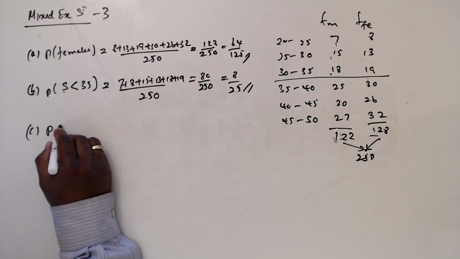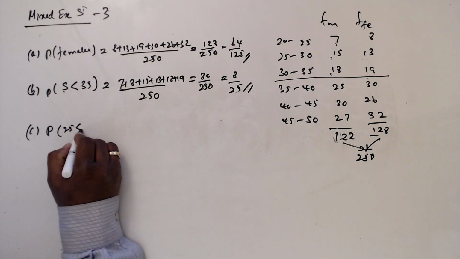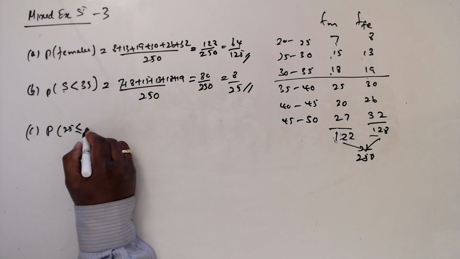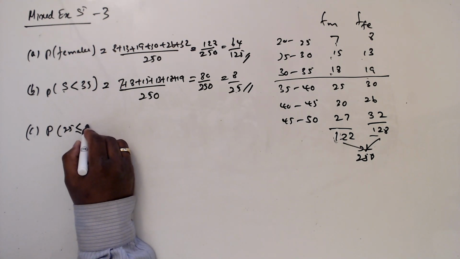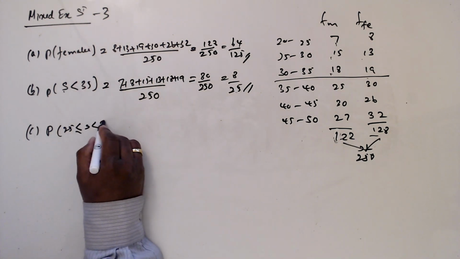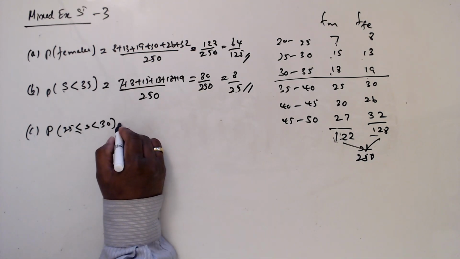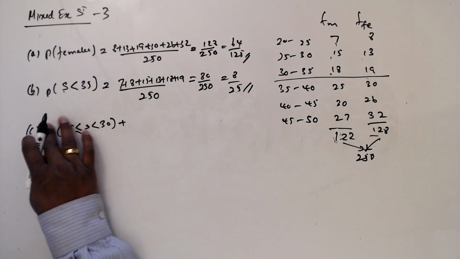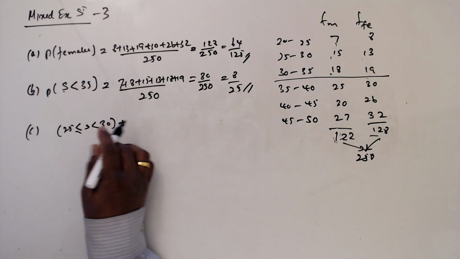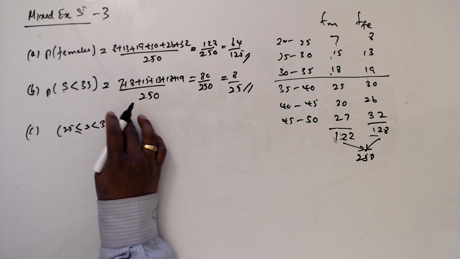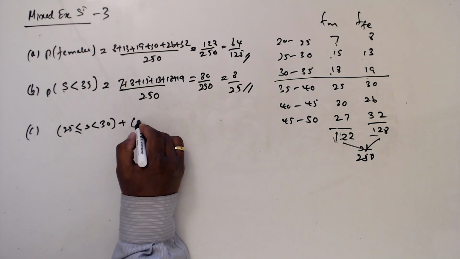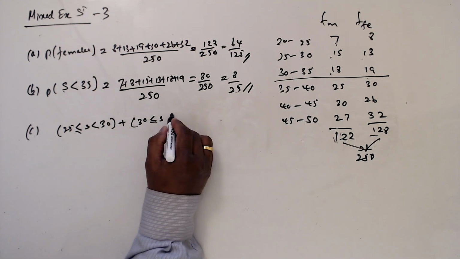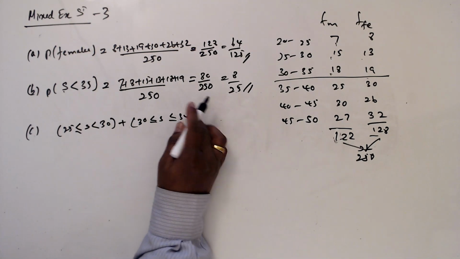It means probability of score 25 to 30 plus 30 to 35.